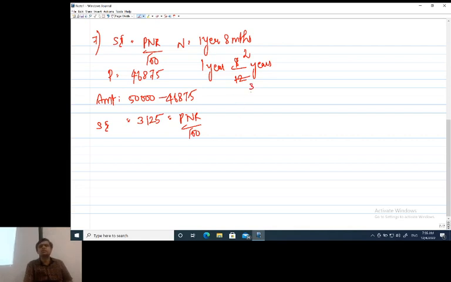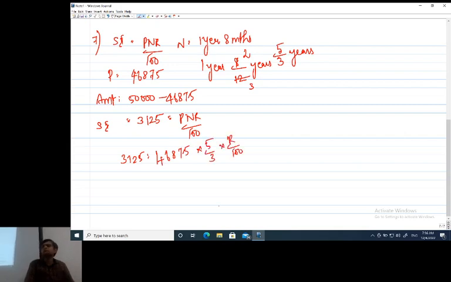So when you convert it to mixed fraction, it is 5 by 3 years. So when you substitute, 3125 is equal to, I know the principal to be 46,875 into 5 by 3 into R by 100.